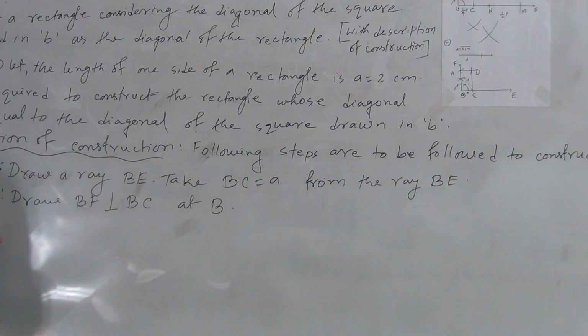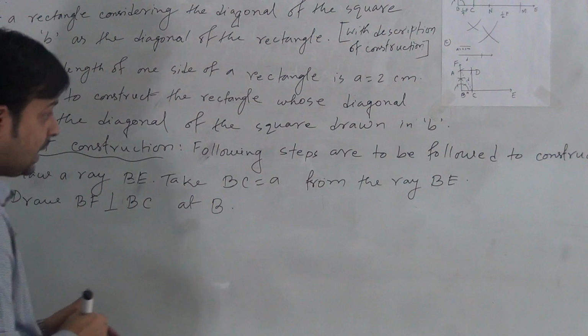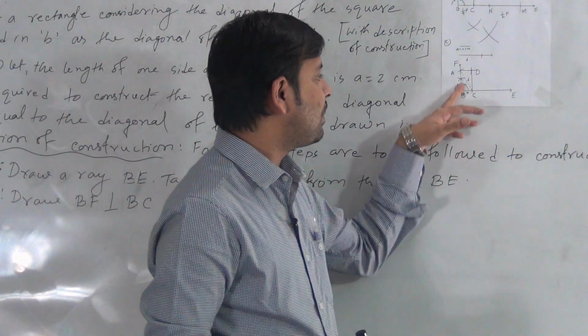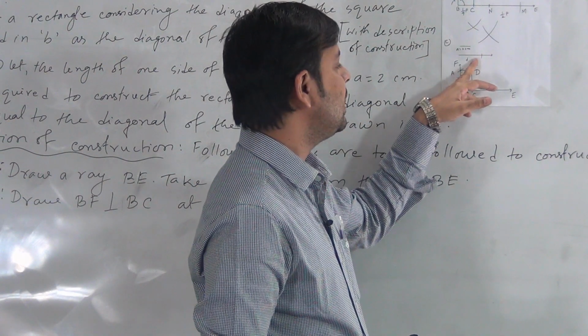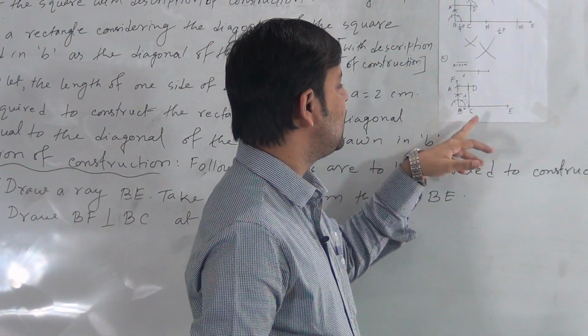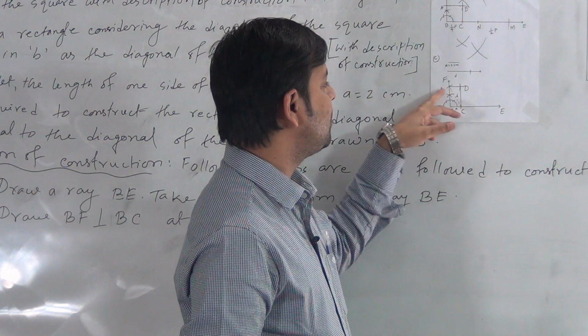Step 3. After drawing the perpendicular, I have taken the length D, and using this as radius with C as center, I have drawn an arc.